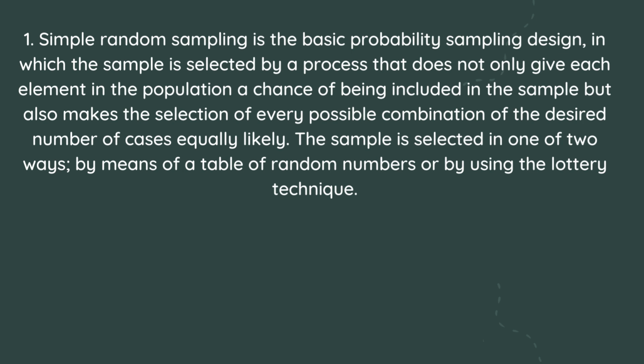Since sabi natin ang probability sampling ay mayroong equal chance of being selected, so in the lottery technique class, let's say for example, sa section Rizal, lahat ng names ng section Rizal ay ilalagay sa isang box, or isusulat sa isang papel, and then ilalagay sa isang box yung kanilang mga pangalan.